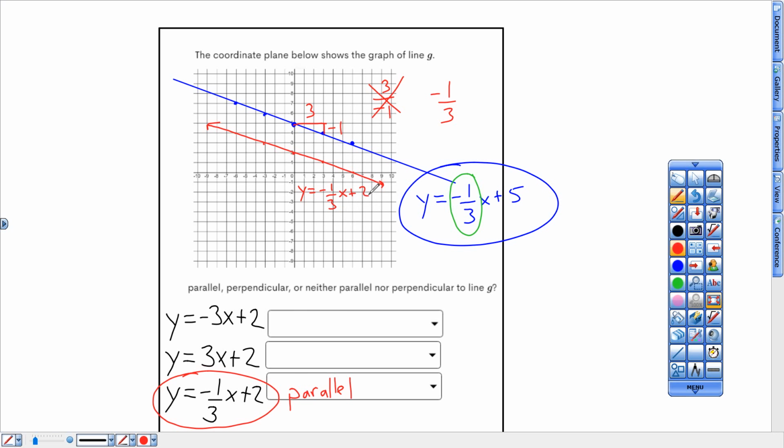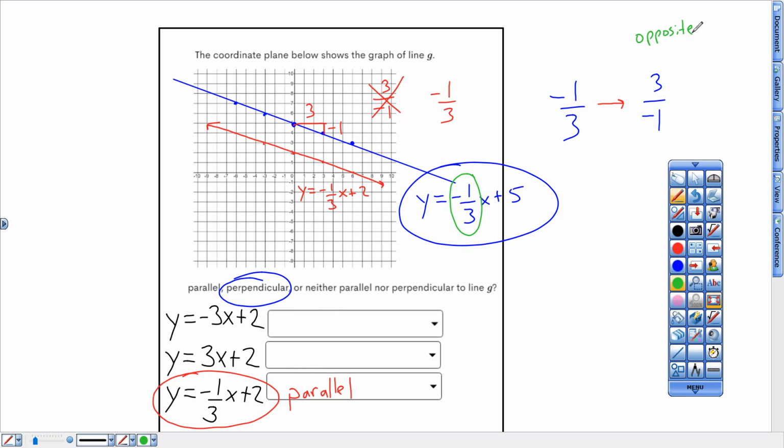The other one I'm looking for is called perpendicular, and that's when they form a 90-degree angle, don't have the same slope. And that rule is for a line to have perpendicular slope, you take the opposite reciprocal, which means you flip-flop the original slope you're trying to compare it to, but then not just flip-flop, but opposite flip-flop, opposite reciprocal.